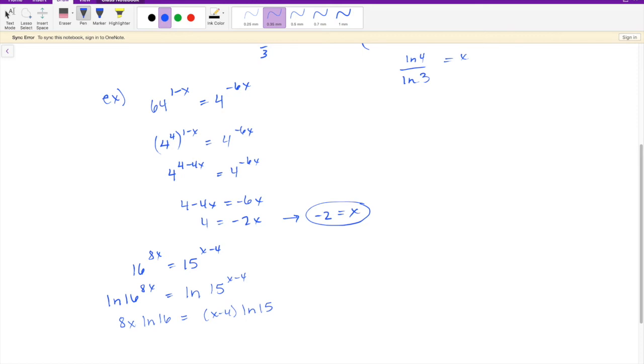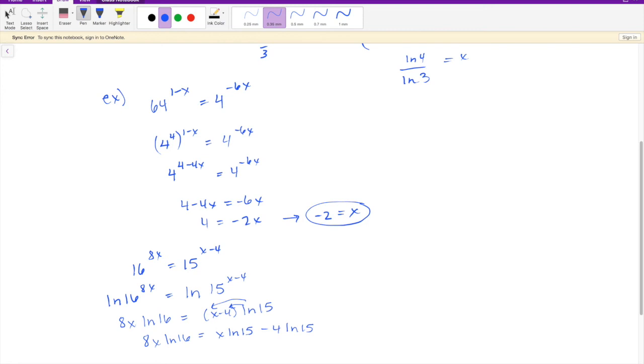And so now I need to solve for x. I think the easiest thing to do, because I want to get x by itself, is first distribute natural log of 15. Remember, that's just a number. So I'm going to distribute it through the parentheses the same way I would if that was 2 times x minus 4. So this is 8x natural log of 16 equals x natural log of 15 minus 4 natural log of 15.